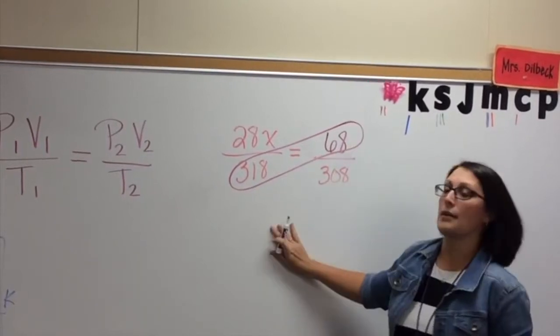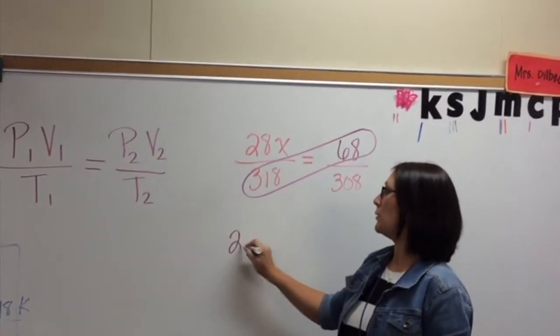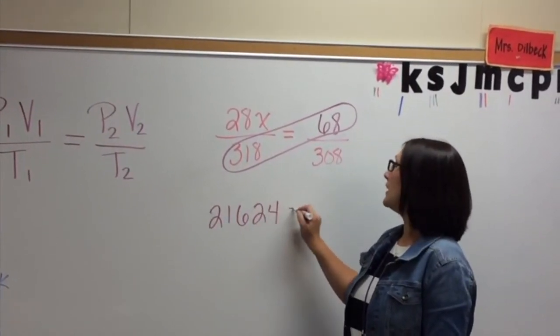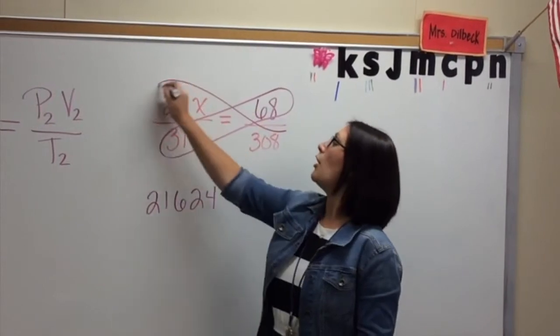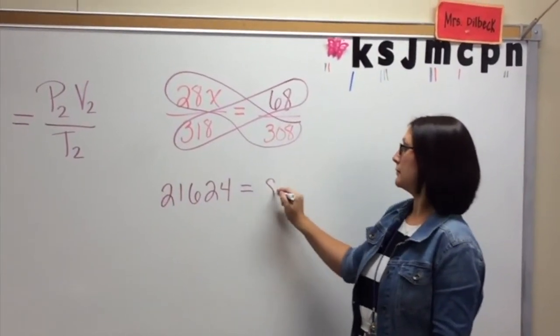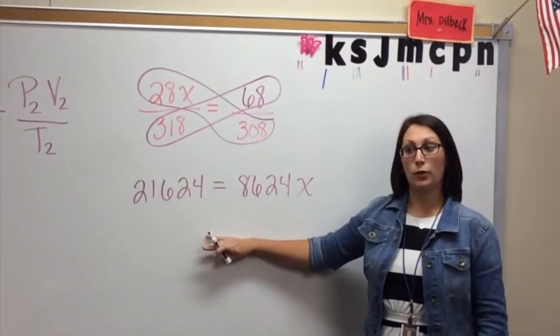What's 68 times 318? 21,624. Oh my gosh. 21,624 equals, what is 308 times 28x? 8,624x. This is a one-step equation.